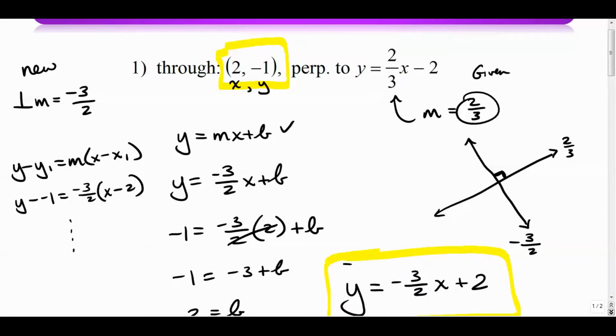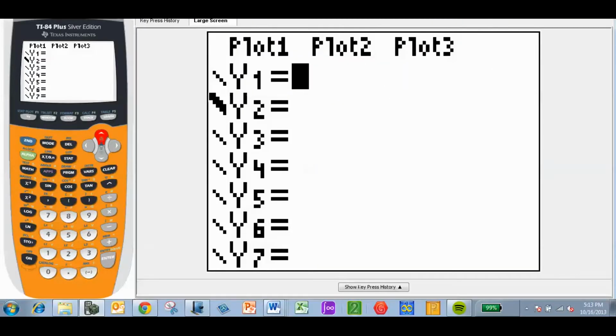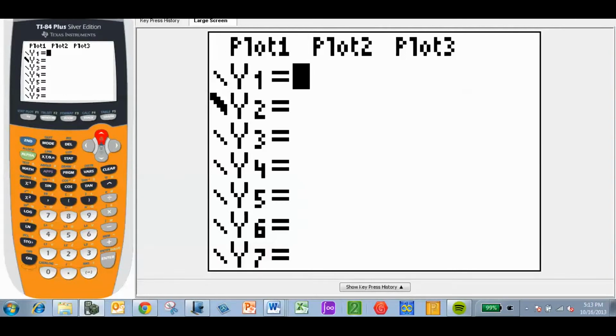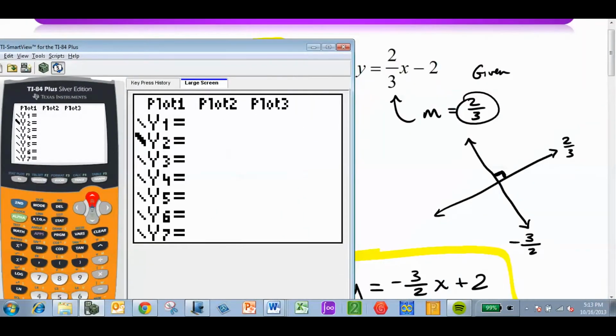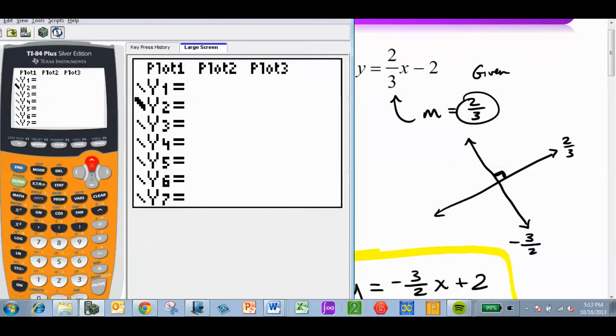But let's use our graphing calculators to our advantage as well. So I'm going to go to my calculator and enter my original in y sub 1, positive 2/3 x minus 2, and my new function in y sub 2, -3/2x plus 2.